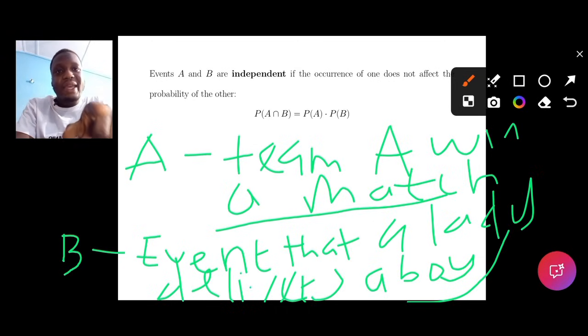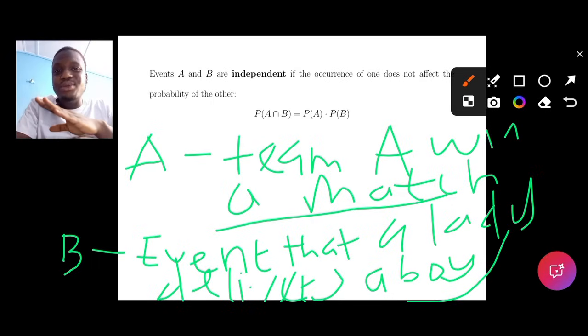So we say this event A and B, they are independent. They don't depend on each other. What is happening in A has no connection to what is happening in B. And a lady delivering a boy wouldn't make team A win their match. So you just go somewhere and say, oh, team A won their match because this lady delivered a boy.